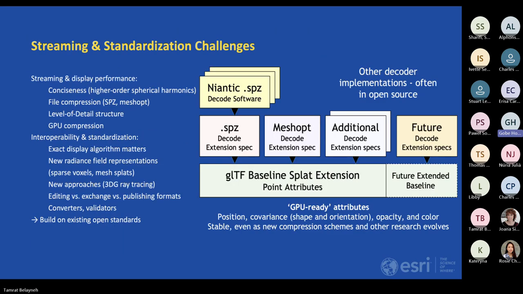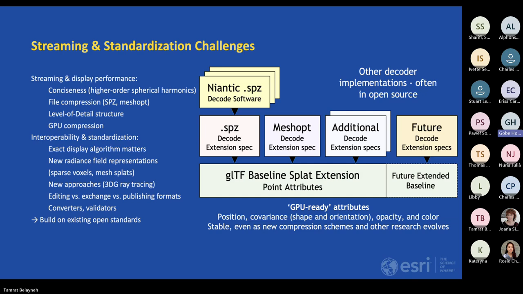I wanted to talk a little bit about how this works. If you've worked with glTF and in that ecosystem, this is very familiar. There's the glTF baseline splat extension that I just talked about. This is the minimum common standard if you want to represent your splat in glTF. Obviously, it can be extended in the future. But then it can have additional decoding. SPZ is one example that we talked about.